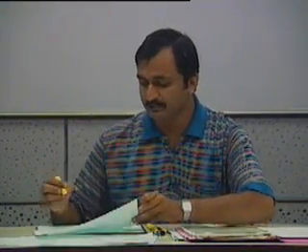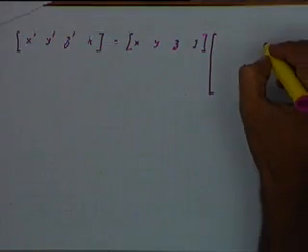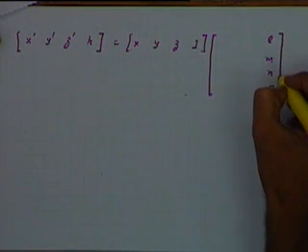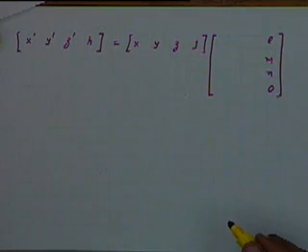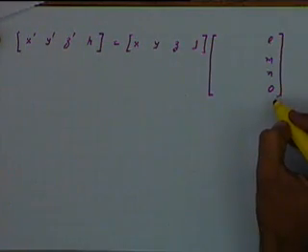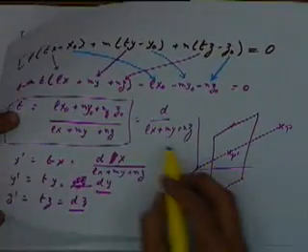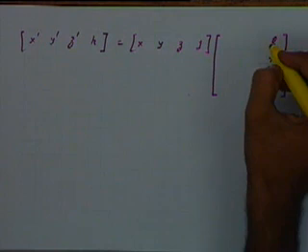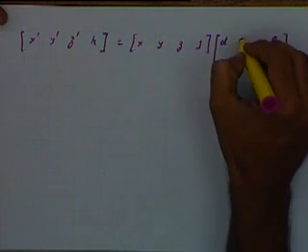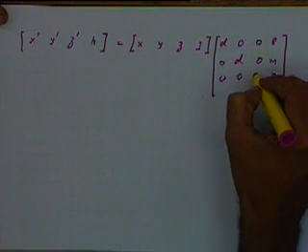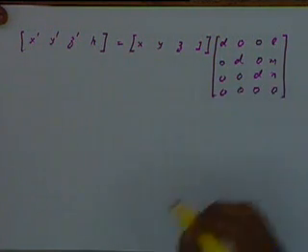To get this complete term in the homogeneous coordinate, we'll say L M N 0. X Y Z 1 when multiplied by this vector L M N 0 will give us the term Lx plus My plus Nz. And here we'll just say d 0 0 0, 0 d 0 0, 0 0 d 0.